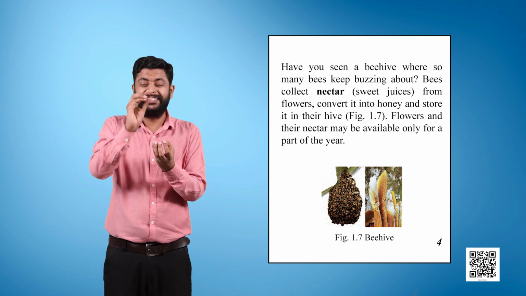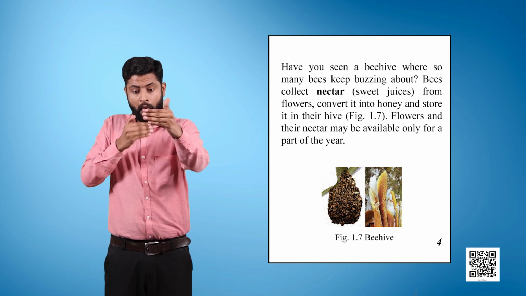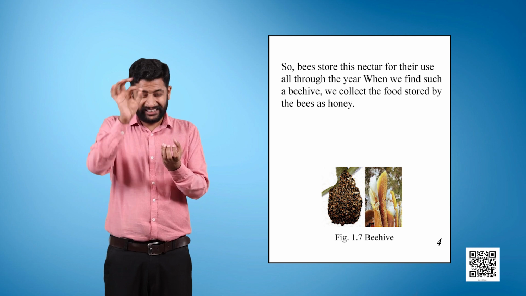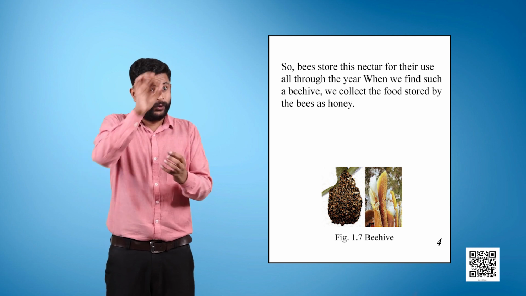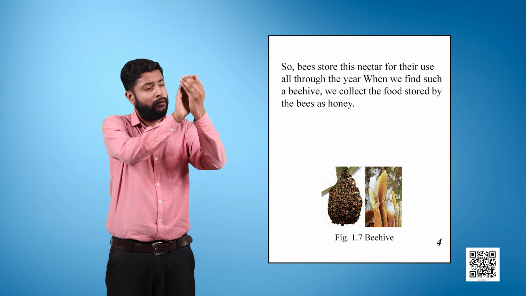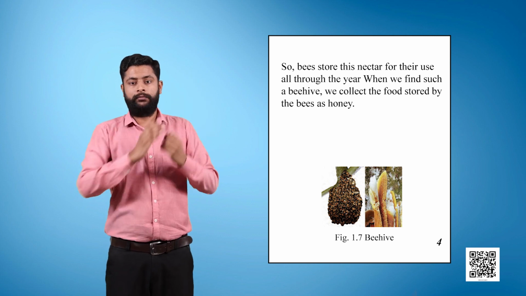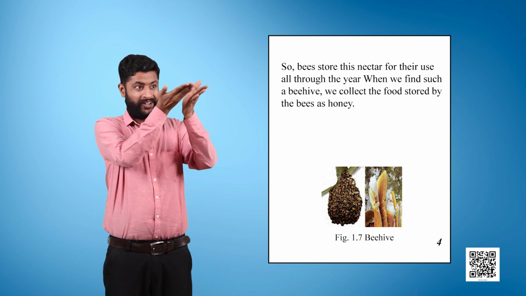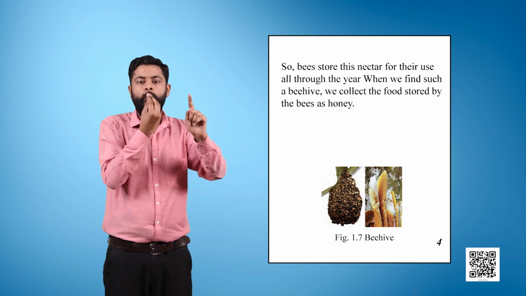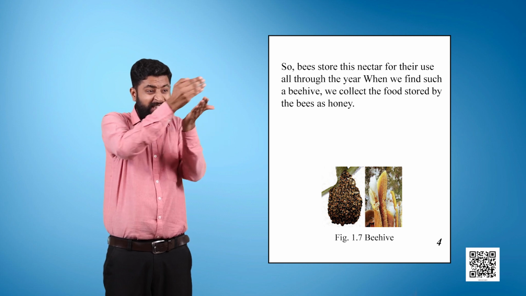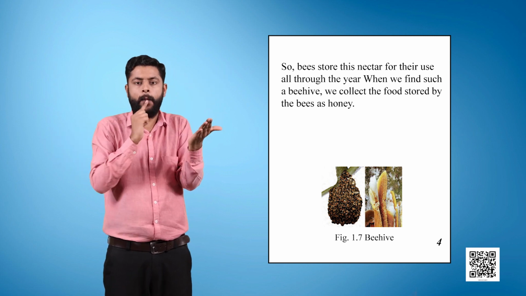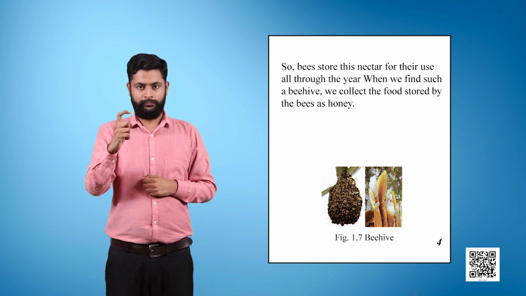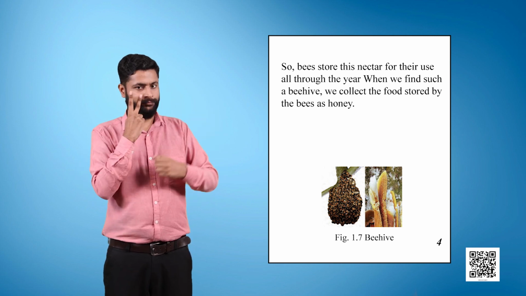Flowers and their nectar may be available only for a part of the year. So, bees store this nectar for their use all through the year. When we find such a beehive, we collect the food stored by the bees as honey. Figure 1.7 shows a beehive.